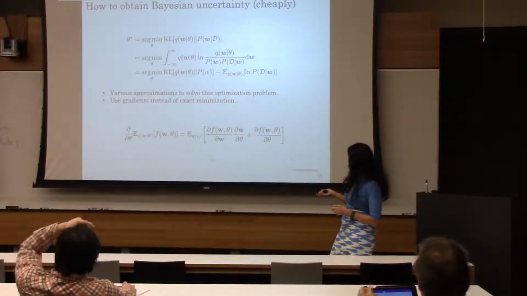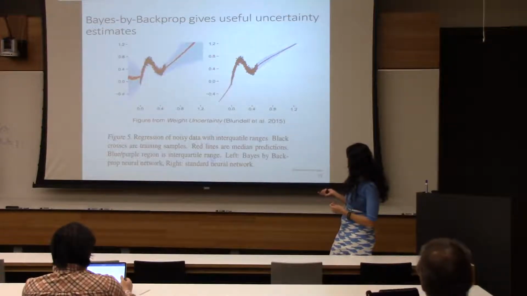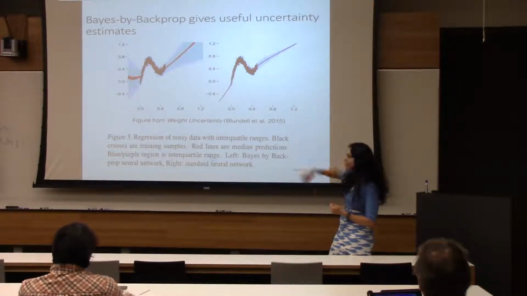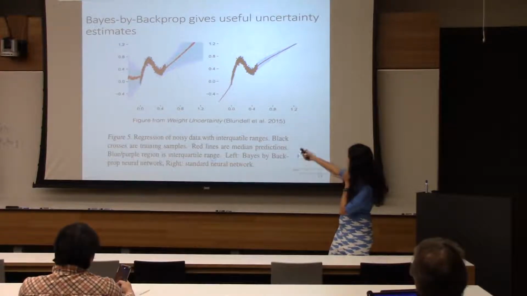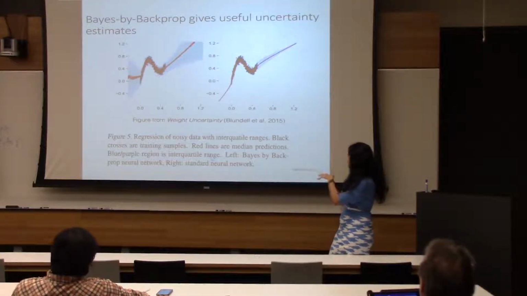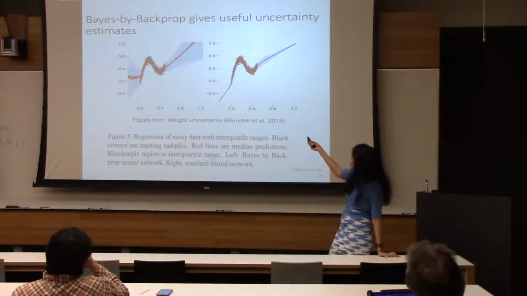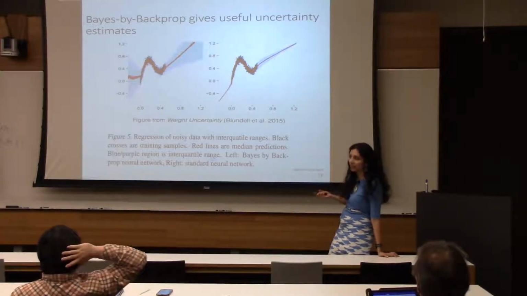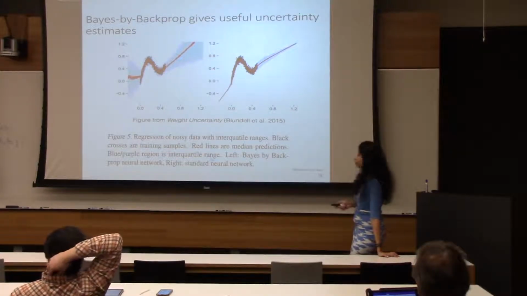Okay, so given that we have this notion of variational approximation, you can do this. The plot on the left is obtained by what they call the Bayes by Backprop model, with the weight uncertainty. You can see that, at least in this toy example, it's giving you a much better notion of uncertainty, able to capture the epistemic uncertainty much better than this frequentist model.